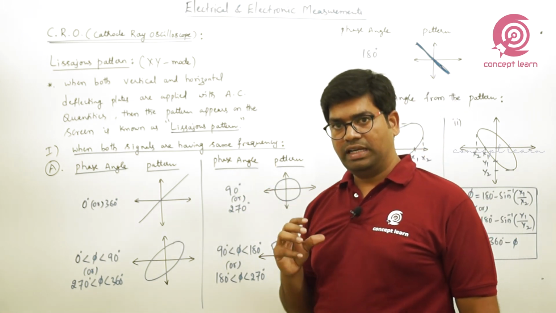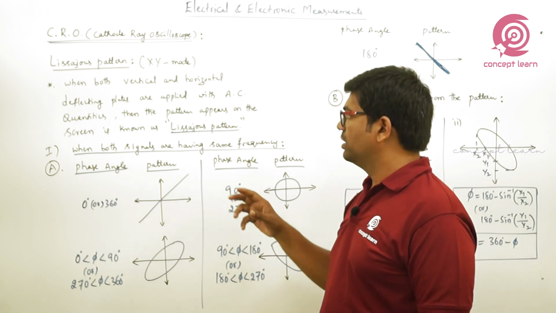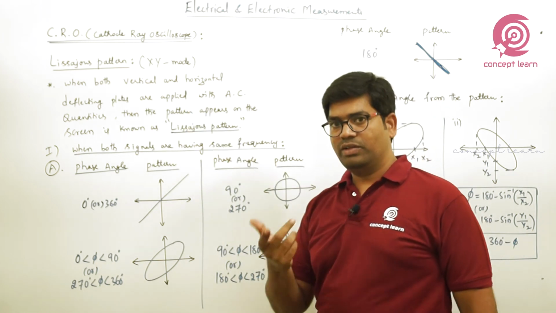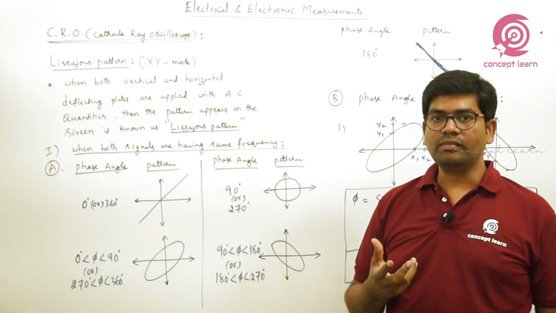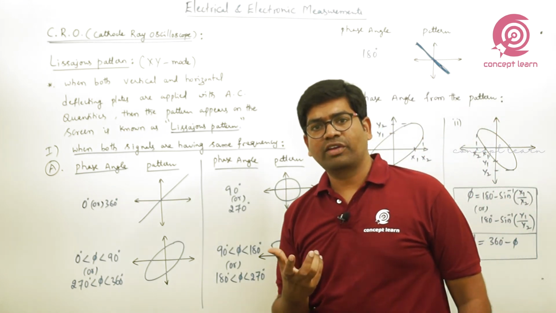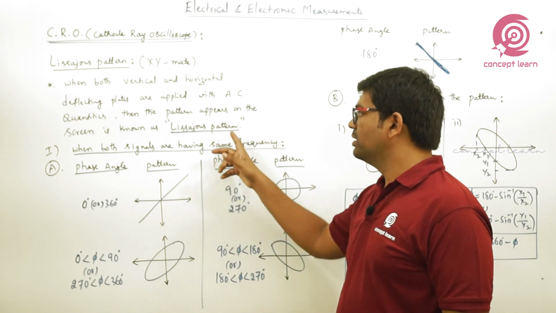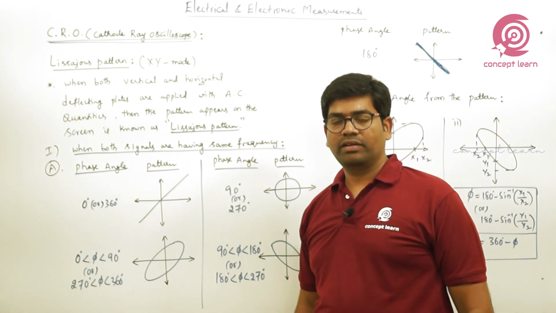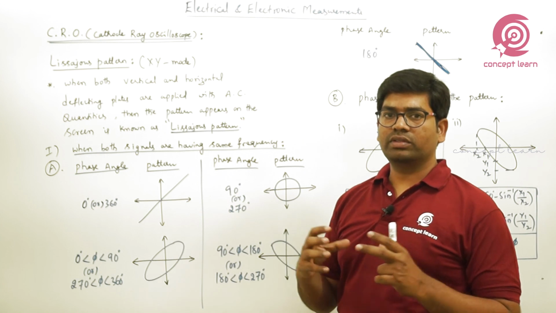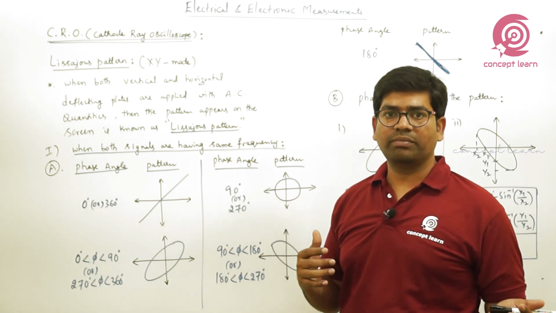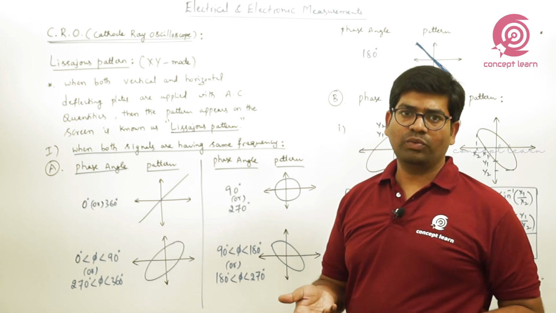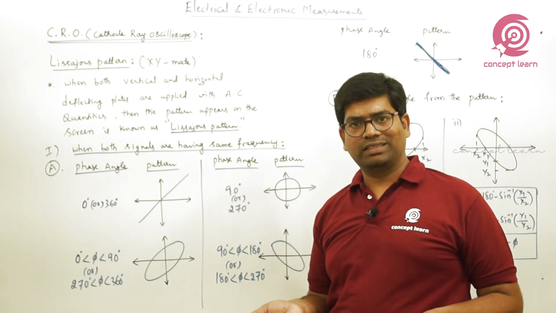Whenever both the vertical and horizontal deflecting plates are applied with AC quantities, the pattern that appears on the CRO screen is known as the Lissajous pattern. Got the point? It is not only sinusoidal for both.